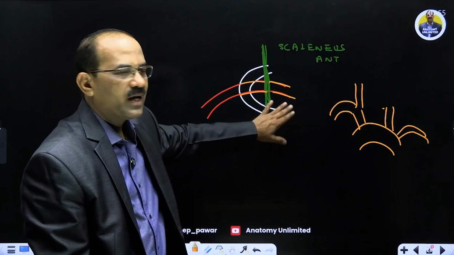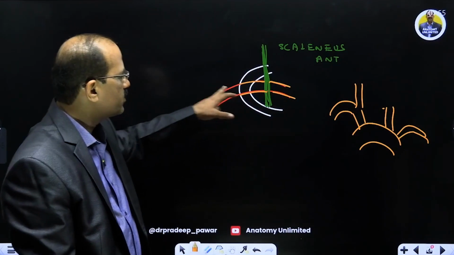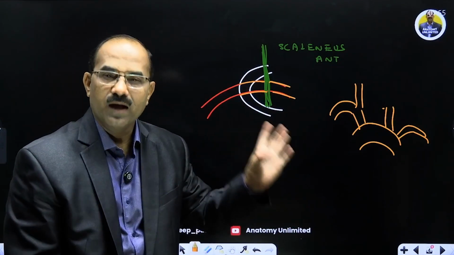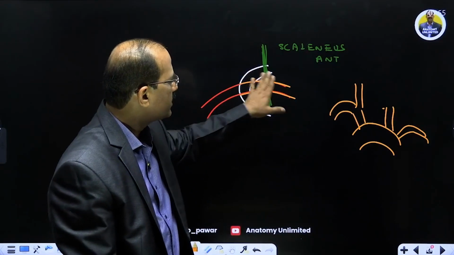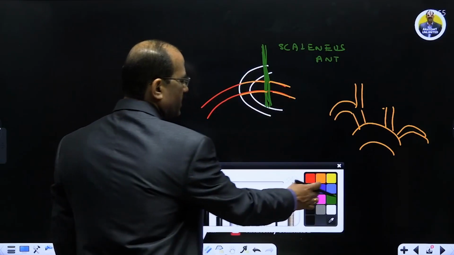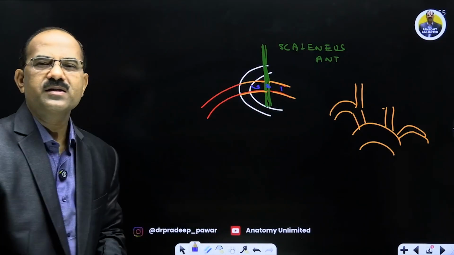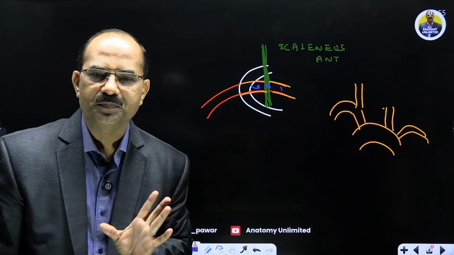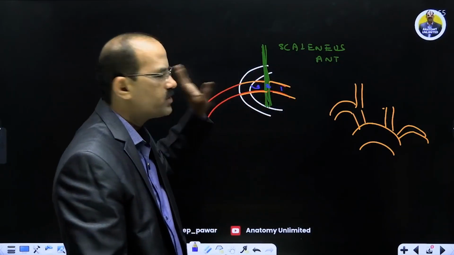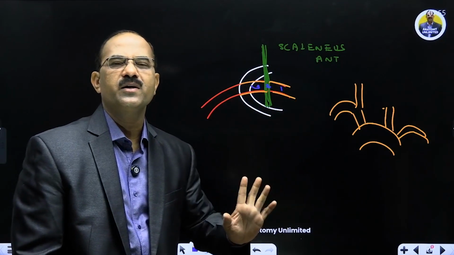Both subclavian arteries cross the outer border of the first rib and continue as the axillary artery. The subclavian artery is divided into 3 parts by the scalenus anterior muscle.